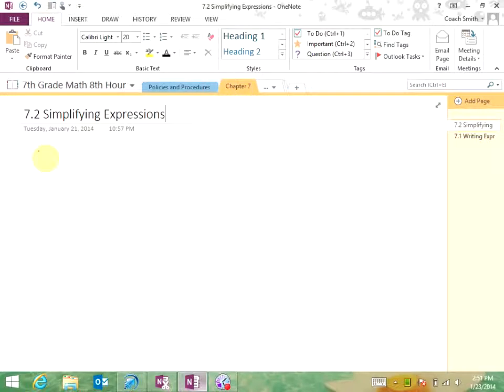Simplifying expressions, we're talking about terms and like terms. Okay?